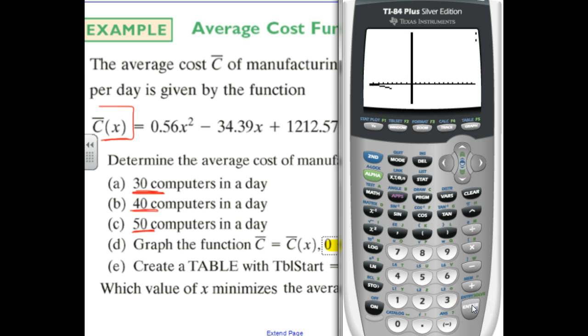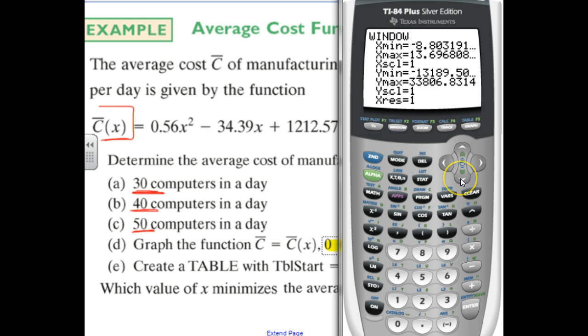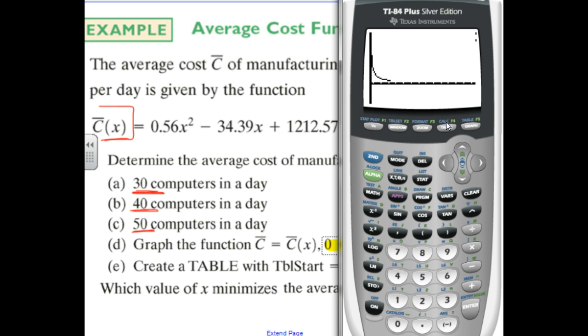So hit your y equals, and I can see this a little bit better zooming in. But when I zoomed, I destroyed my x, so I'll need to go back and set that to 0 to 80. So here's a pretty good view of the function, and it's saying let's calculate at 30.